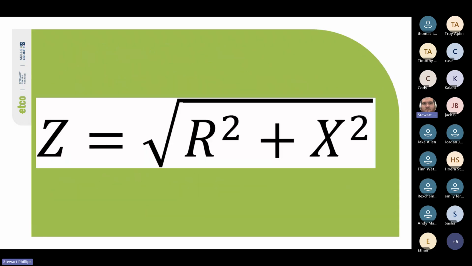So Z equals the square root of R squared plus X squared. R squared is the bottom of our Pythagoras triangle, and X squared is the 90-degree side, or, if we're using the angle at the base between the hypotenuse and the flat, it's our opposite side.